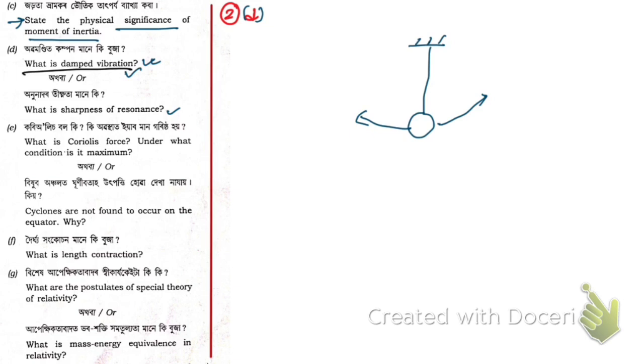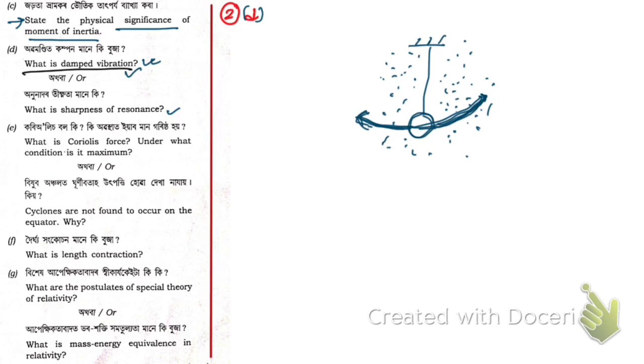Now you see, because of the presence of air, when it swings towards left and right, this air provides resistance. Okay, so that's why suppose it is swinging towards left and again towards right, left, and so on, right?